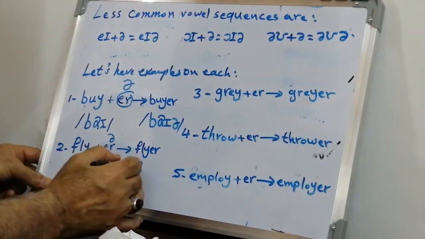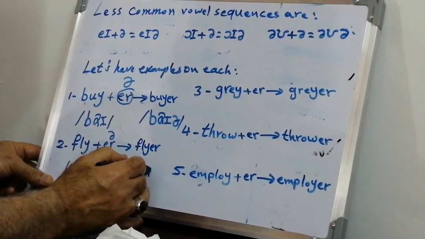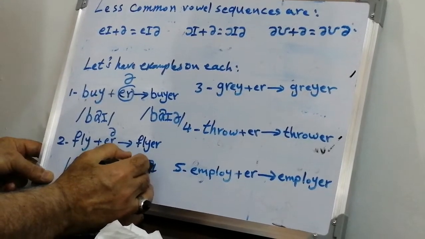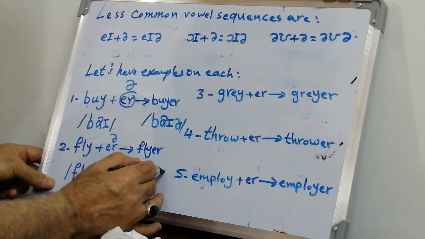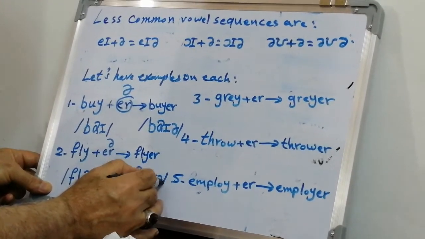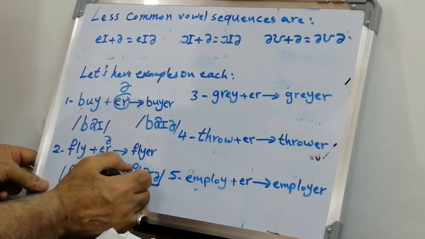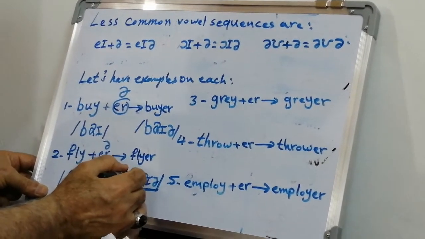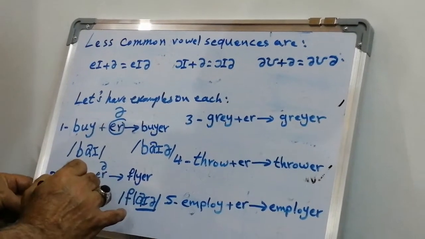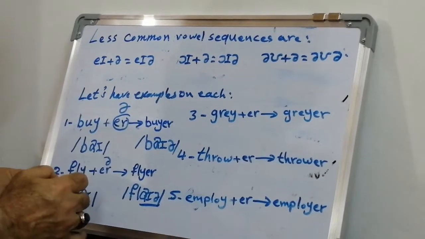We put it after this vowel sound. Then it becomes flyer: fly, which is this, and then this er, which we pronounce as schwa. We put it here. So how many vowel sounds do we have here? We have one vowel sound, but it is a combination of a diphthong plus schwa.